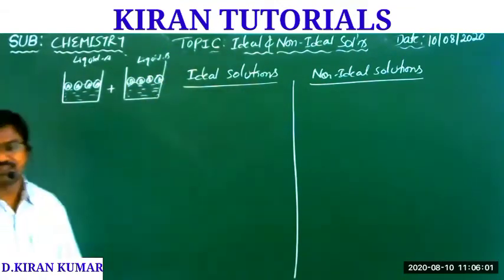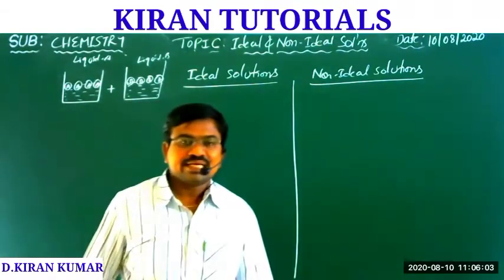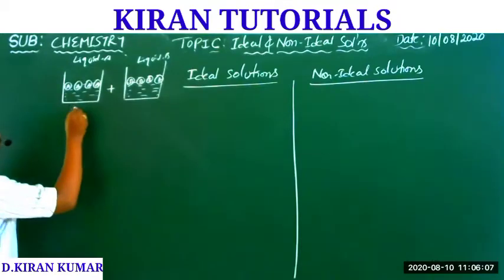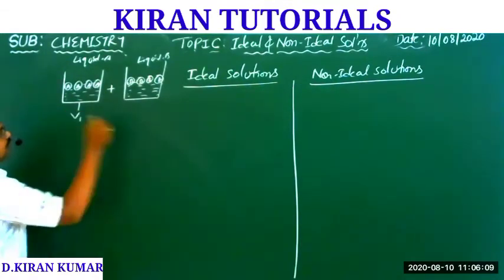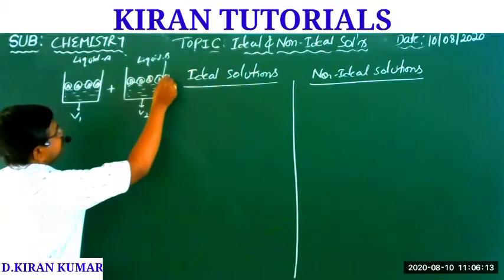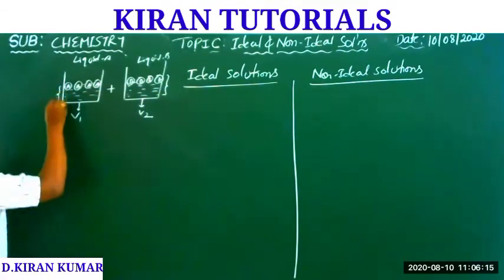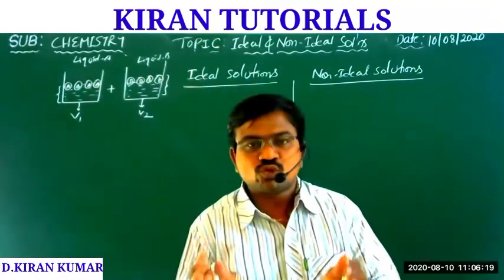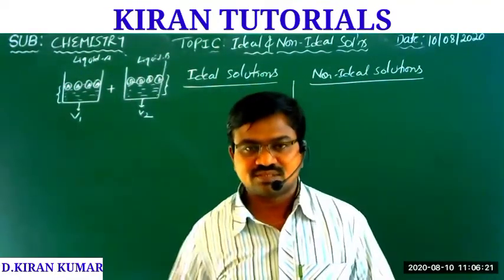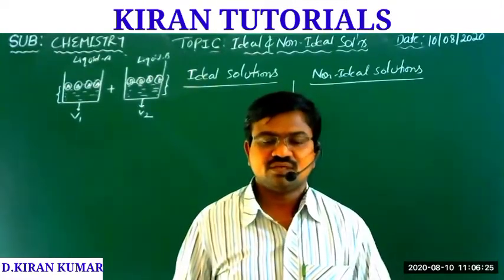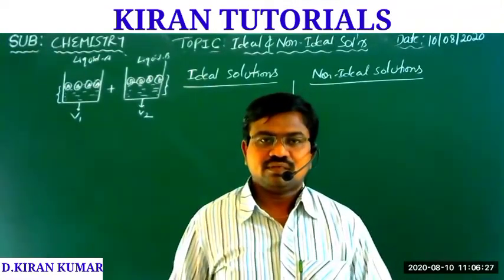The volume of A is V1 and the volume of B is V2.